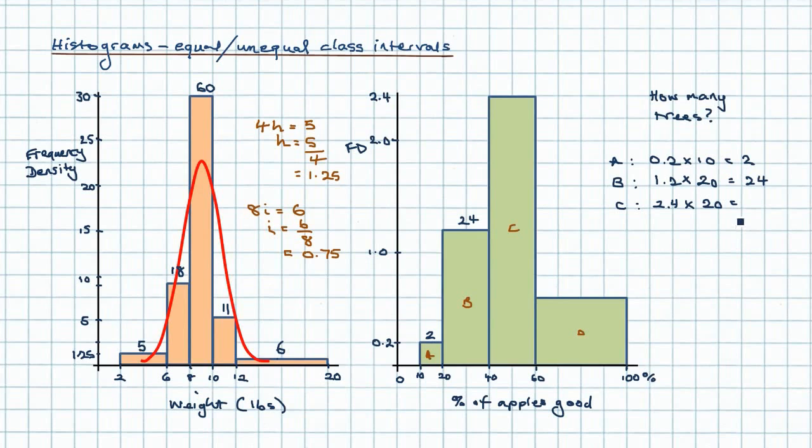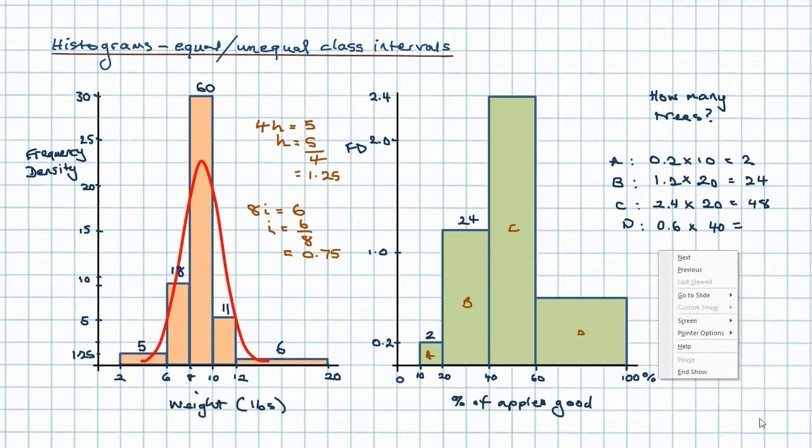So 2.4 times 20 equals 4.8 times 10, which is 48. Finally, our last frequency is 40. So 40 is the width, and the frequency density, which is the height, is 0.6 then. 0.6.